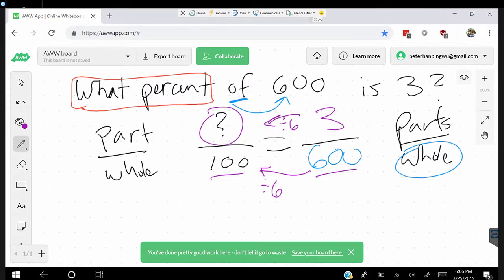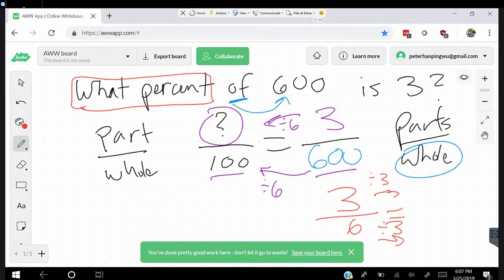So our part of 100 is simply going to be 3 divided by 6, which I'm going to write as a fraction. Remember, 3 over 6, with the numerator as 3 and denominator 6, is the same thing as 3 divided by 6, which I'm then going to simplify. Same process with equivalent fractions. Divide by 3, because 3 goes into both 3 and 6.